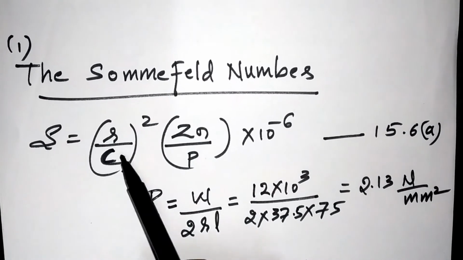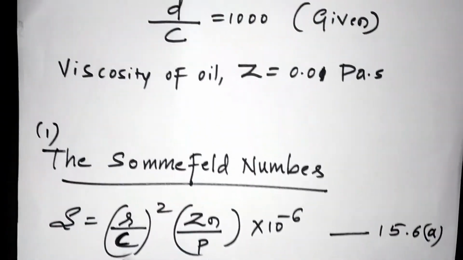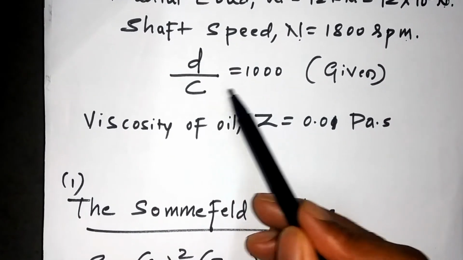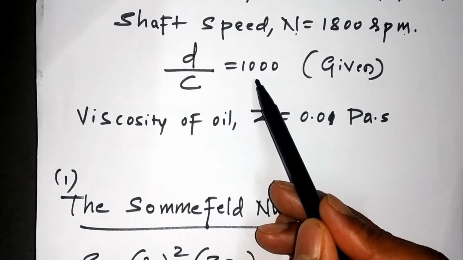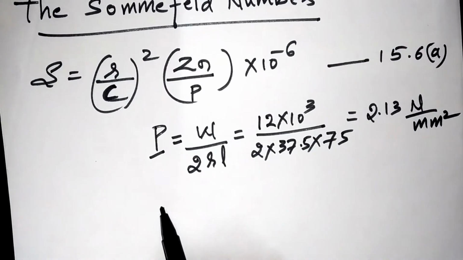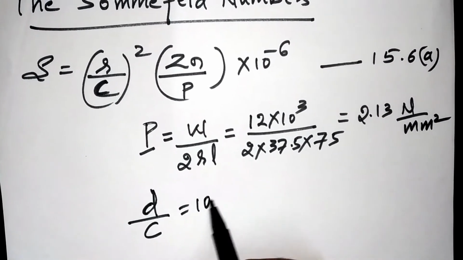Now I'll find out the small c. In the problem they have given the ratio of diameter to the diametric clearance as 1000, so I'll use this to find out the radial clearance. I'll write down the given things again. It is given that D by capital C is 1000.